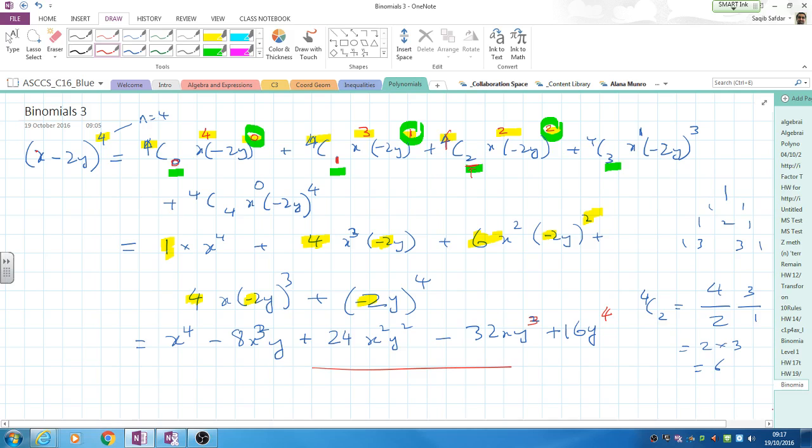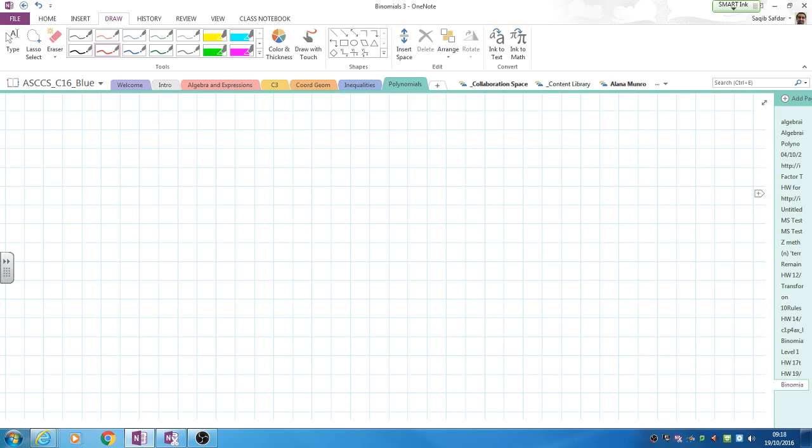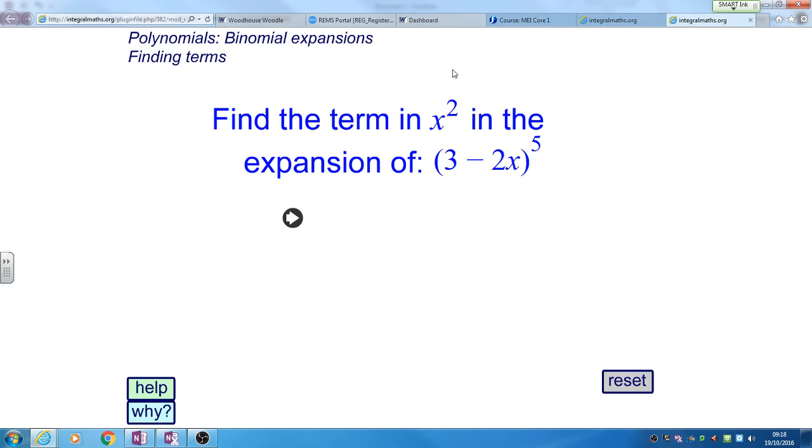Alright, so that's what we did last lesson. What I want to do is basically just extend the idea a little bit. Say we didn't want to do the whole expansion. We just wanted to work out the x squared term in this. In that case, what we can do is use our standard formula.